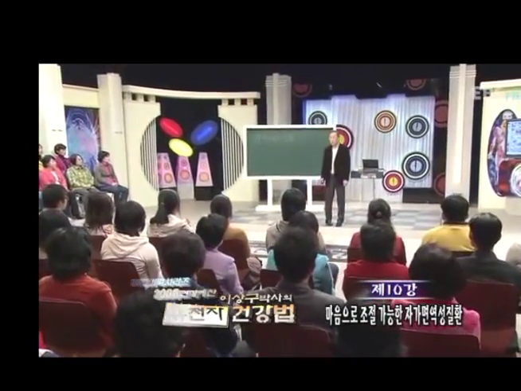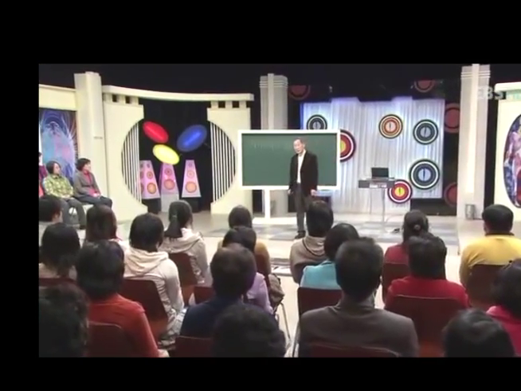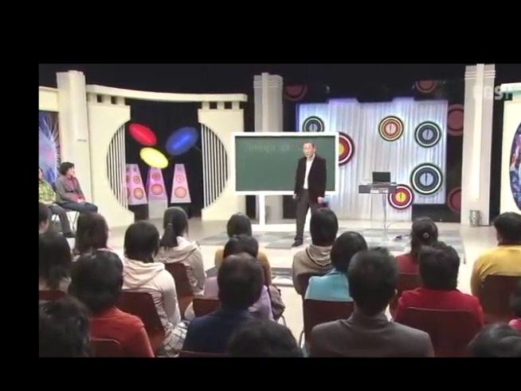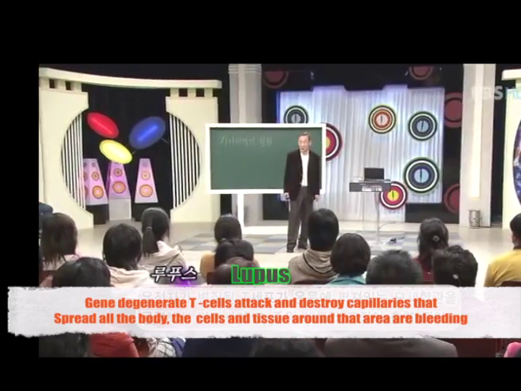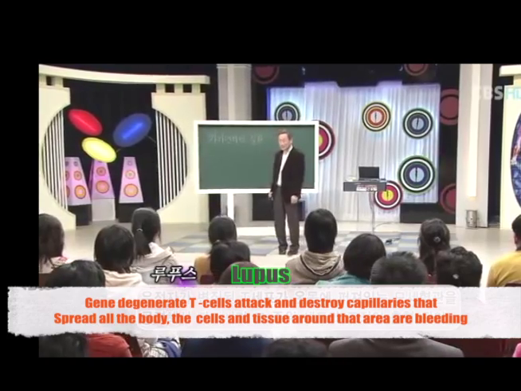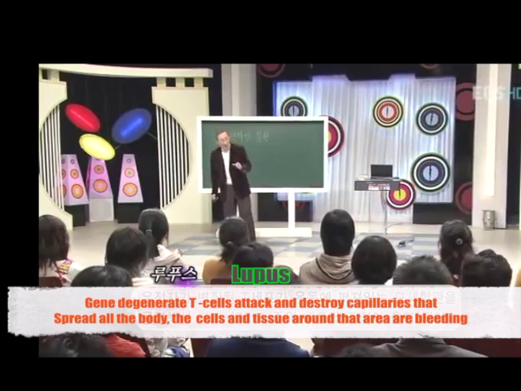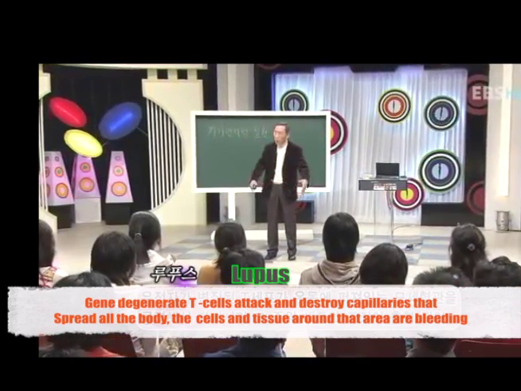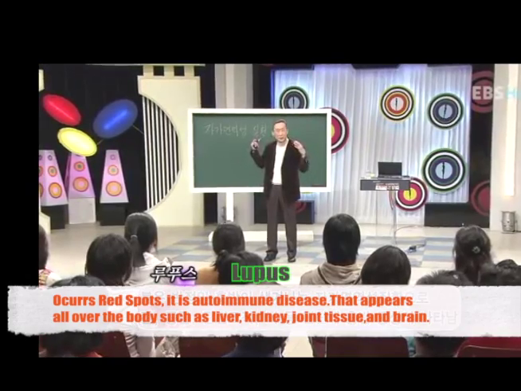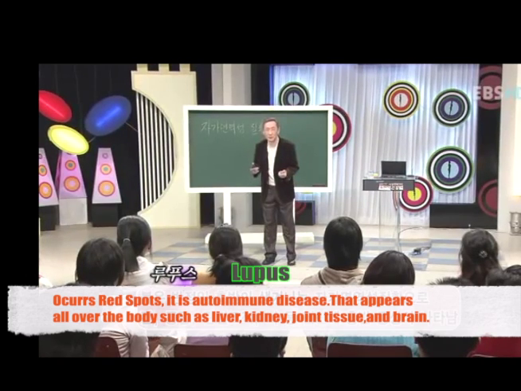Then lupus. There is a disease called lupus. In Korean, we say the name, it's pretty funny, isn't it? What kind of disease is that? The capillaries that are spread all over the body are attacked by the T lymphocytes.